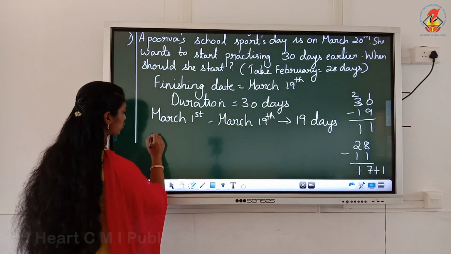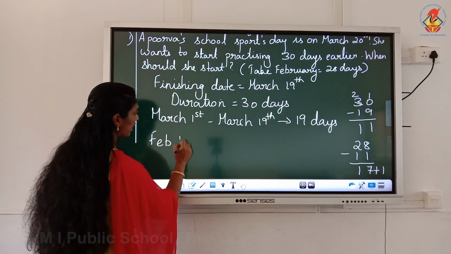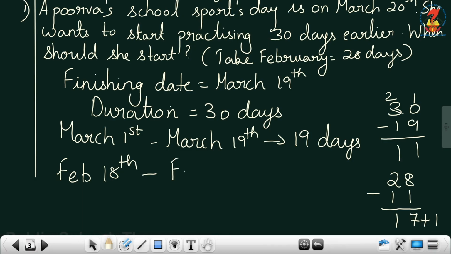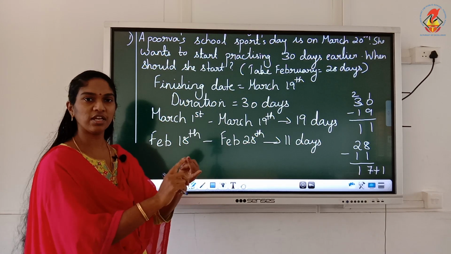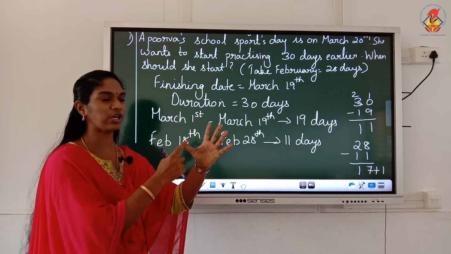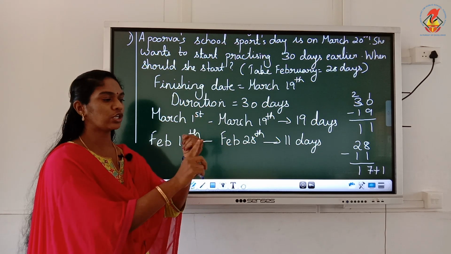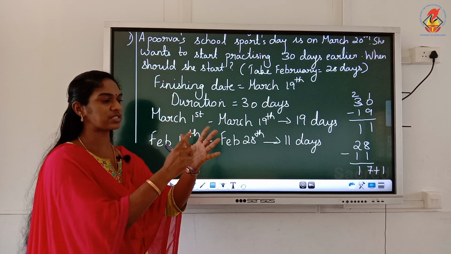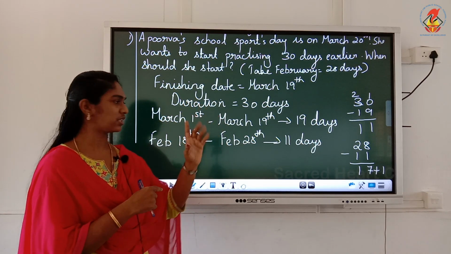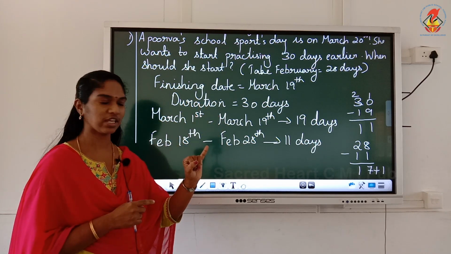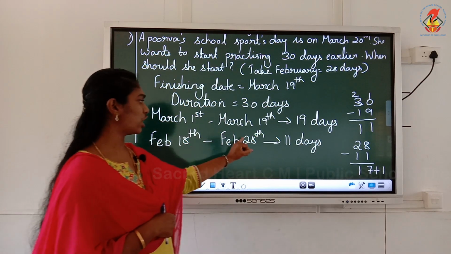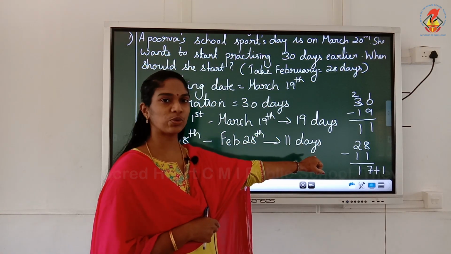So, it shows from February 18th to February 28th, you need 11 more days, right? If you want, you can count and see: 18, 19, 20, 21, 22, 23, 24, 25, 26, 27, that is 10 days, then 28, the 11th day. So from February 18th to February 28th, you will get 11 days.